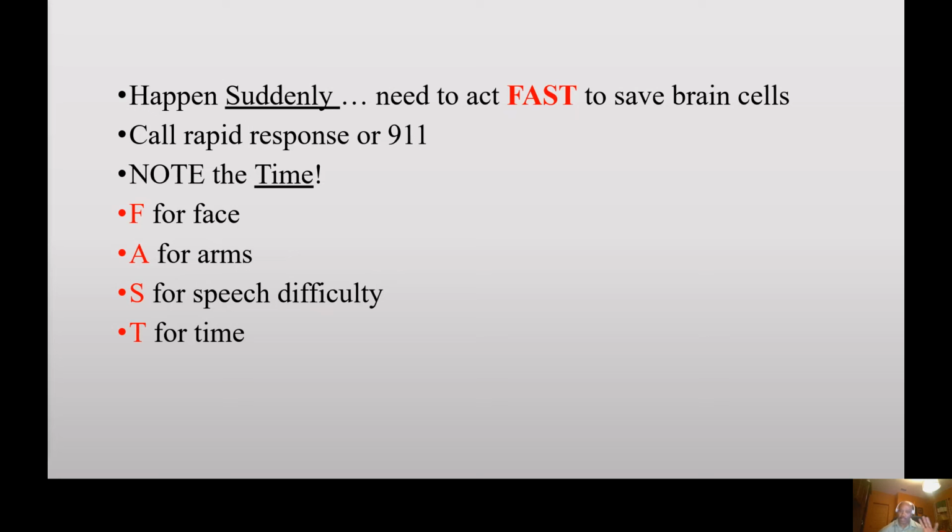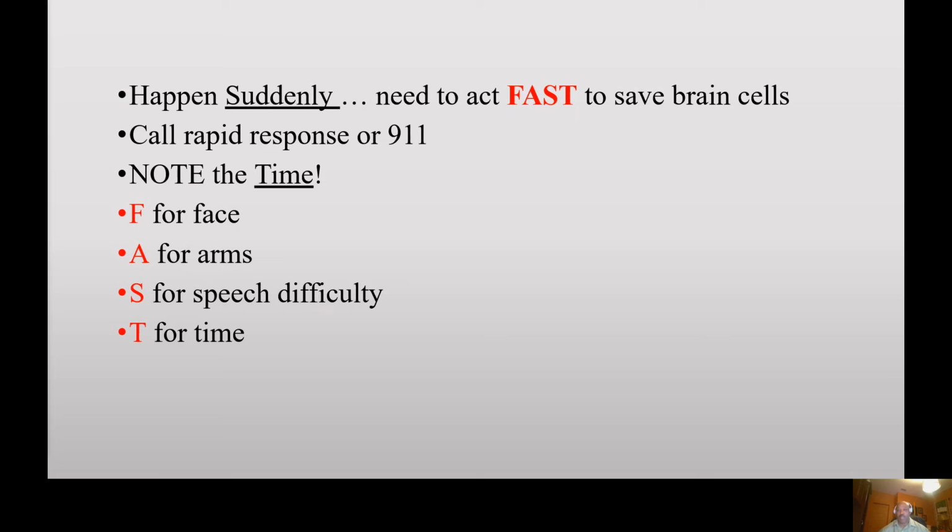Don't try to put the patient or the client in a vehicle to haul them off to a hospital. Call 911. It is much safer, and they can start therapy pretty quickly. You don't want to get into a vehicle while panicking and then get into an accident. So make sure you call 911.